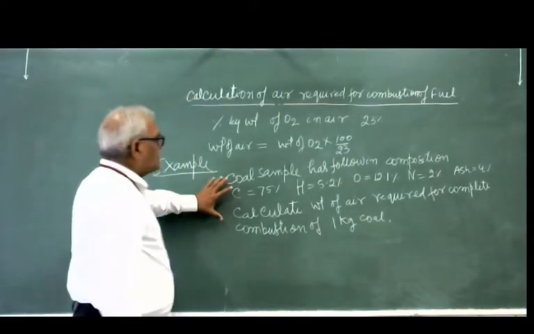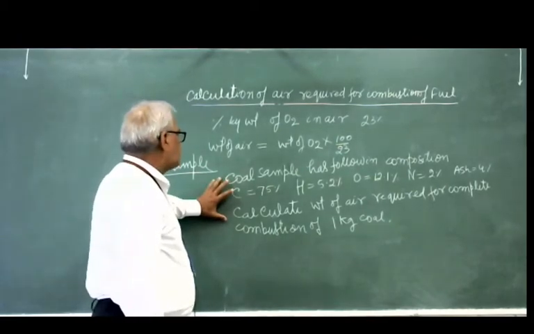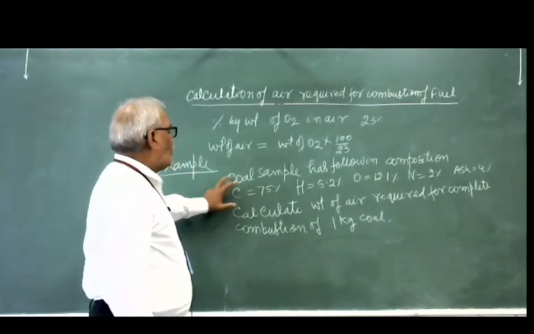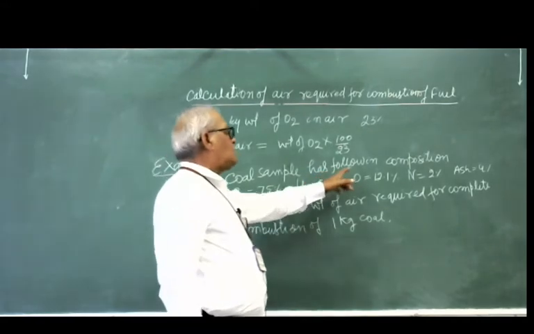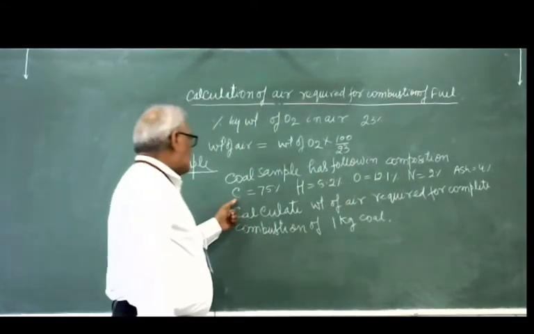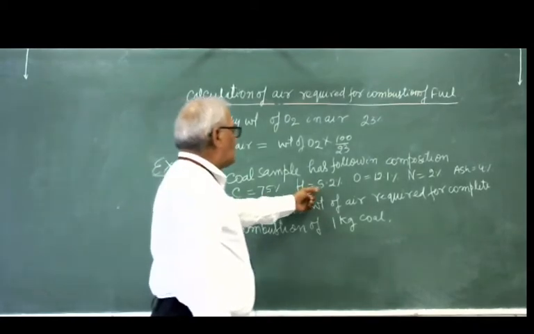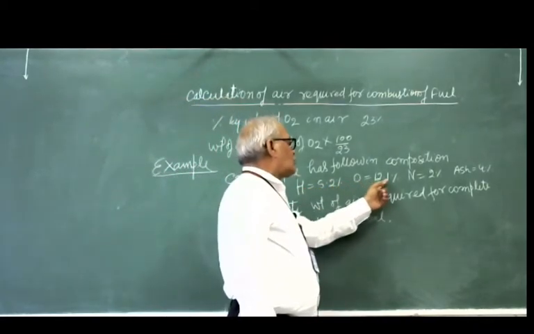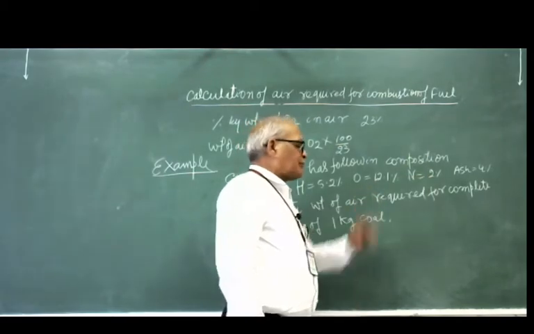So this is a very simple numerical. Coal sample has this much composition. Carbon 75%, hydrogen 5.2%, oxygen 12.1%, nitrogen.